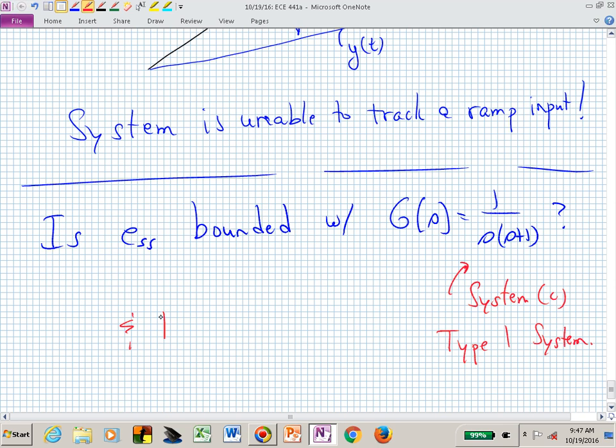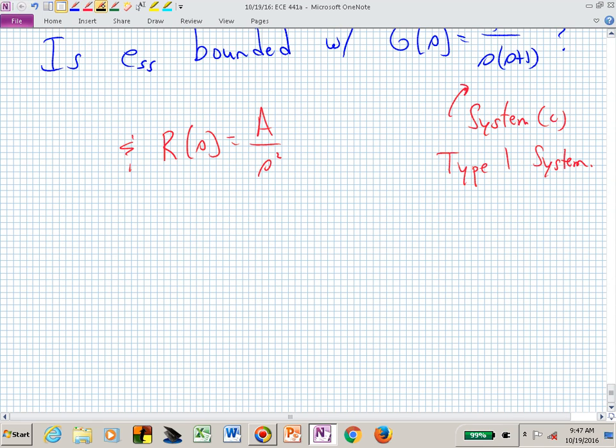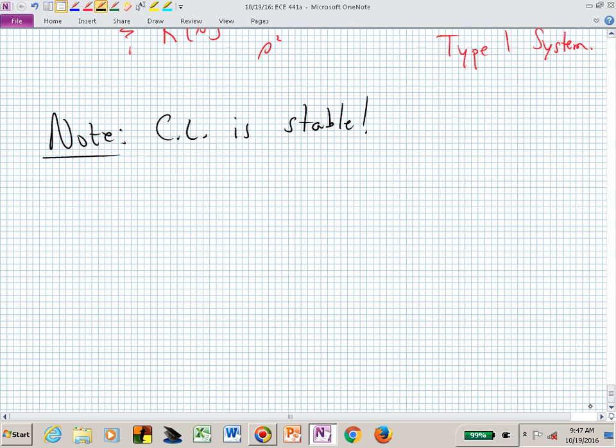We are using R of S equal to A over S squared, a ramp. Now we first have to have our closed loop system being stable, and it is. If it's not stable, we can't even talk about a steady state error or steady state accuracy.